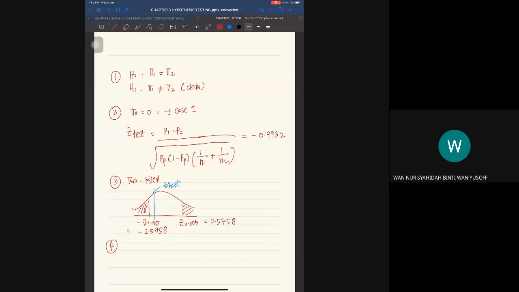So it has to be negative critical value less than z-test, and then z-test less than the upper critical value. You cannot just state, for example, z-test greater than negative, or z-test less than 0.05.